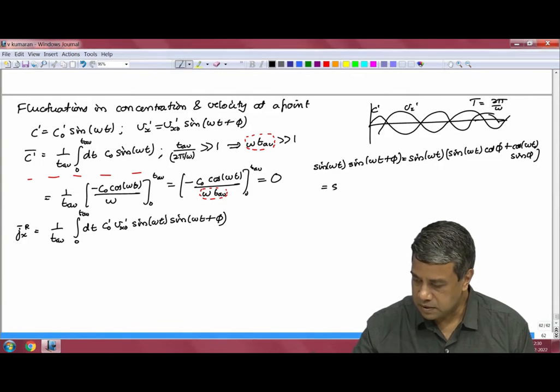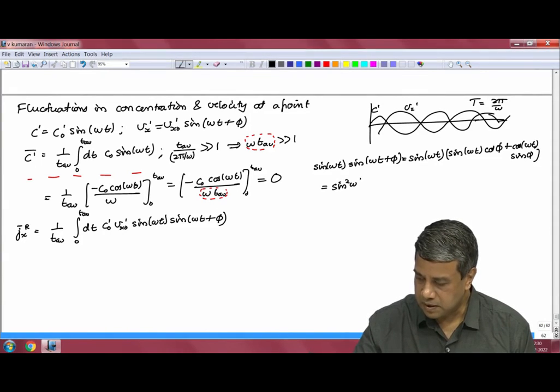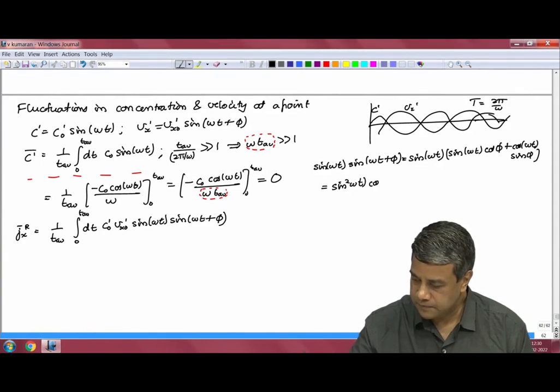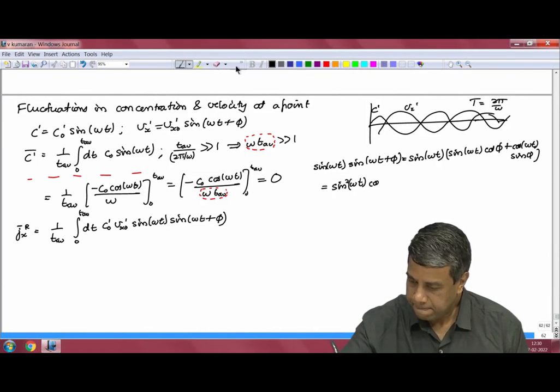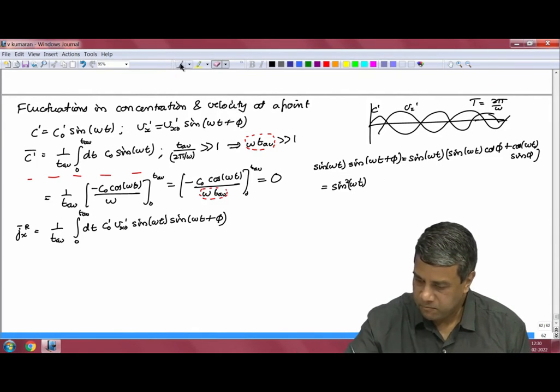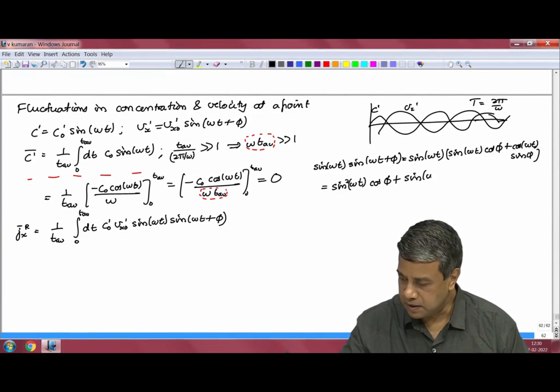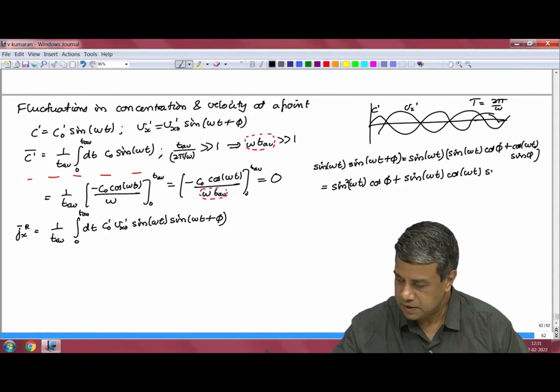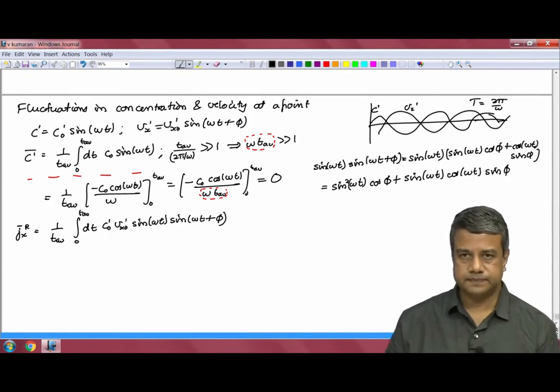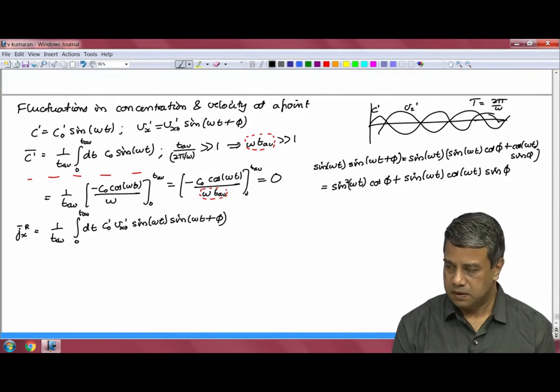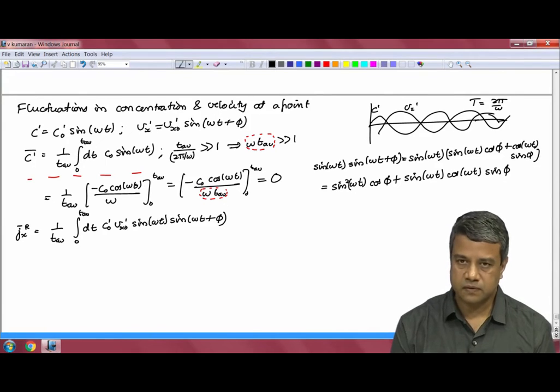So, this is equal to sine square omega t cos phi plus sine of omega t cos of omega t sine phi. And now sine square omega t can be expressed in terms of cos of 2 omega t.